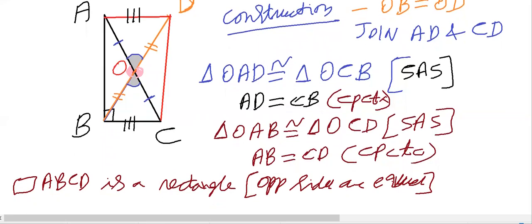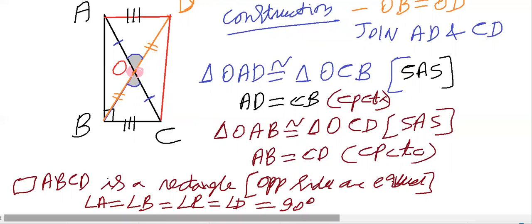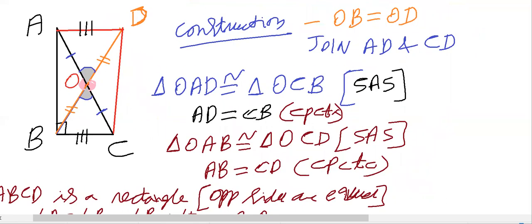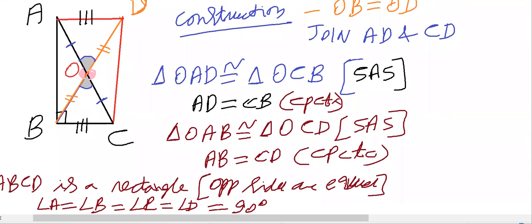So by the property of rectangle, what is the property of rectangle? Property of rectangle is all the angles, angle A should be equal to angle B, should be equal to angle C, and should be equal to angle D, and that will be 90 degree. Now, if this is 90 degree, I can say it is a rectangle. What is the property of rectangle? Property of rectangle is diagonals bisect each other.